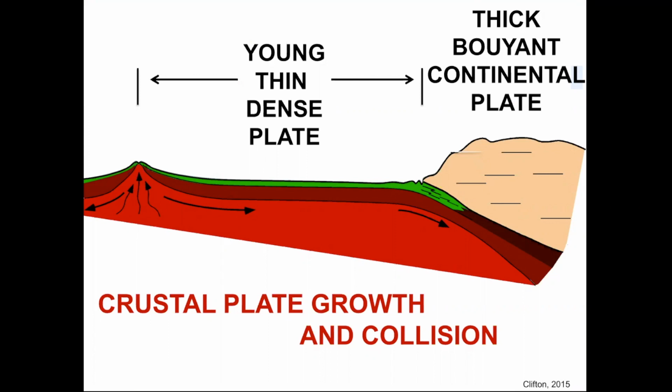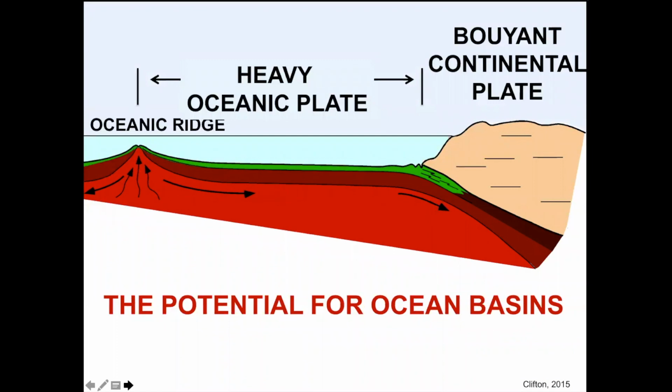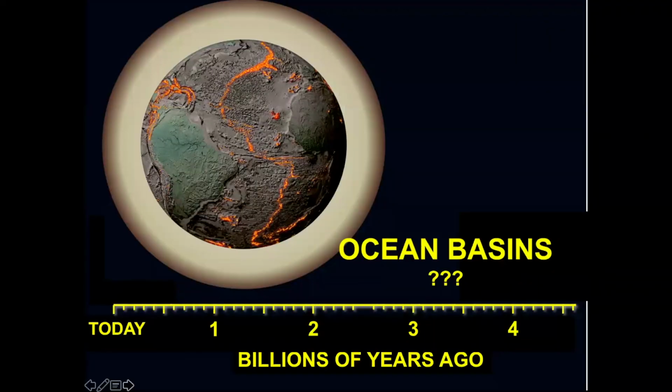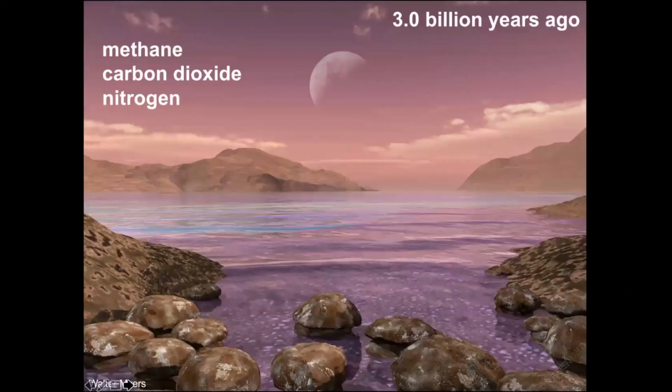And so the dense crustal plate of the ocean slides underneath the continental plate. And this provides us then with a potential for ocean basins between the continents. And so it may well be that somewhere back around 3 to 3.5 billion years ago, we have the first ocean basins and the first oceans.